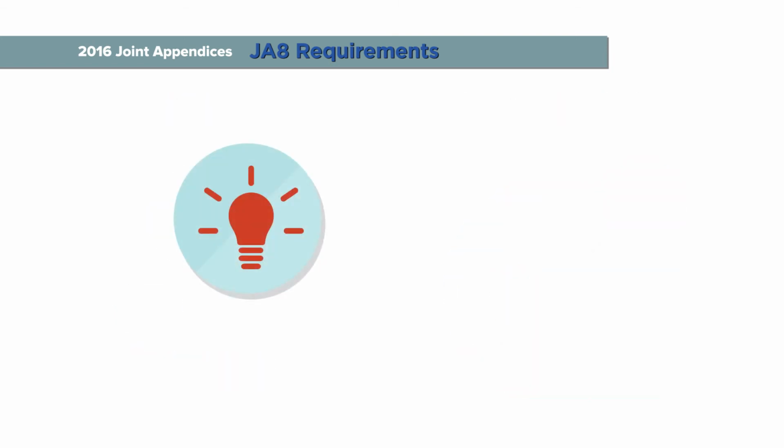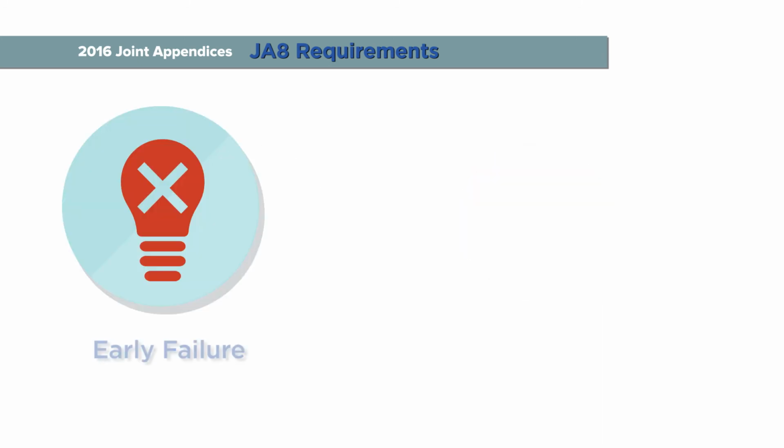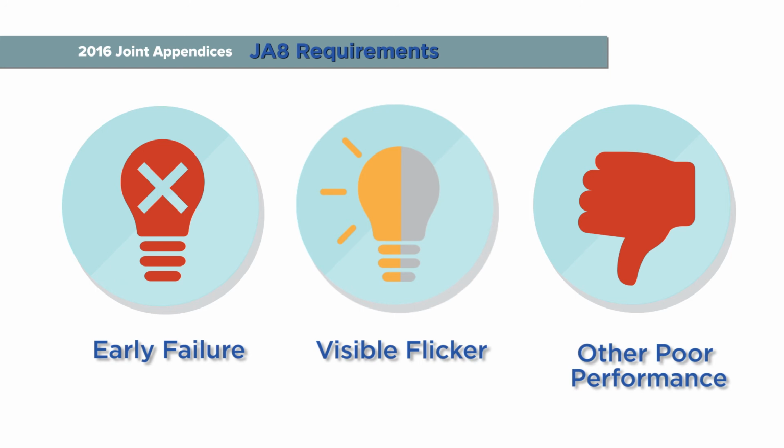All JA8 sources must be dimmable. This requirement addresses concerns with lamp failure, flicker, and otherwise poor performance that can occur when non-dimmable lamps are installed in sockets controlled by dimmers. This requirement is also intended to avoid significant consumer dissatisfaction, which happened in the past when non-dimmable CFLs were installed in dimming applications.